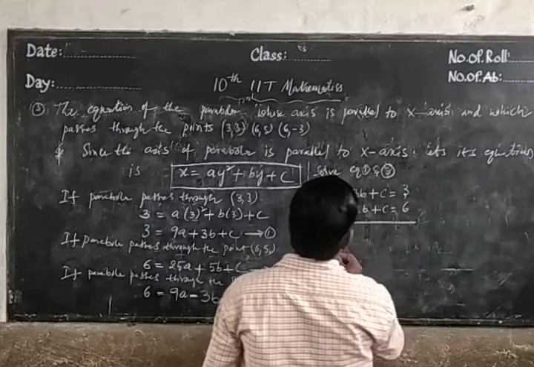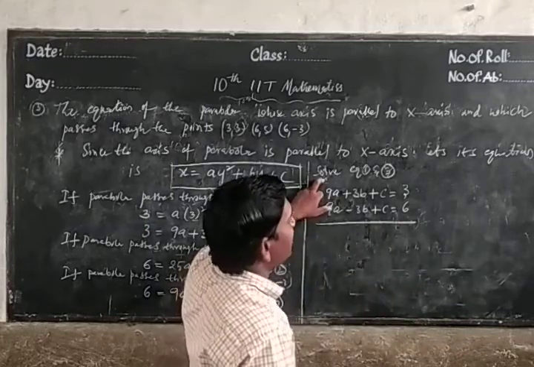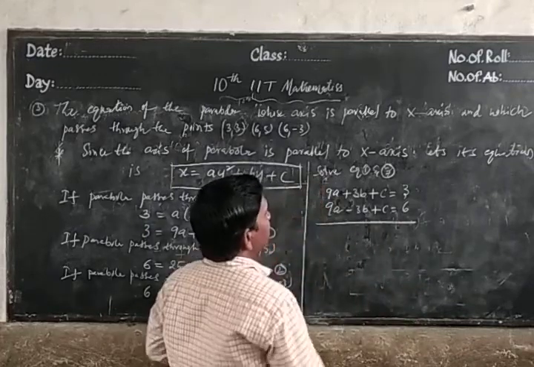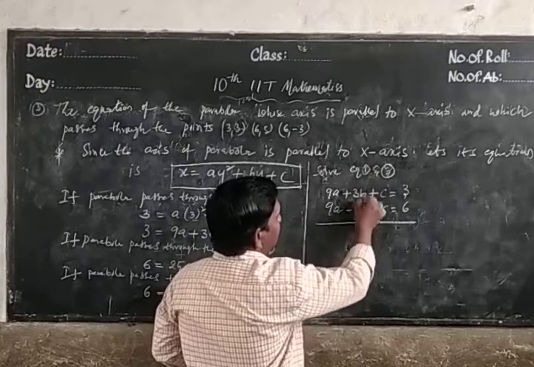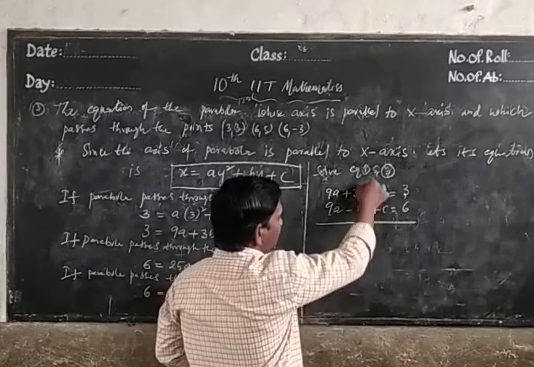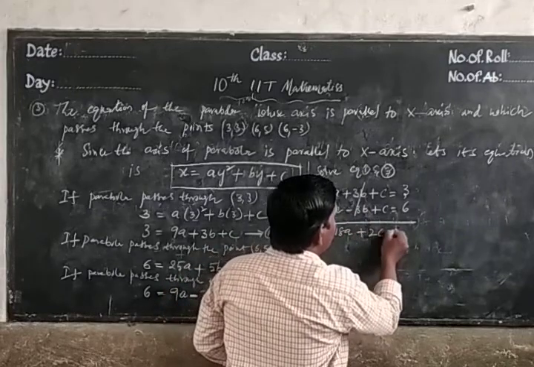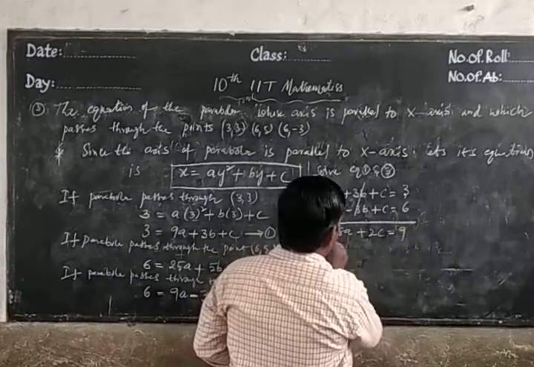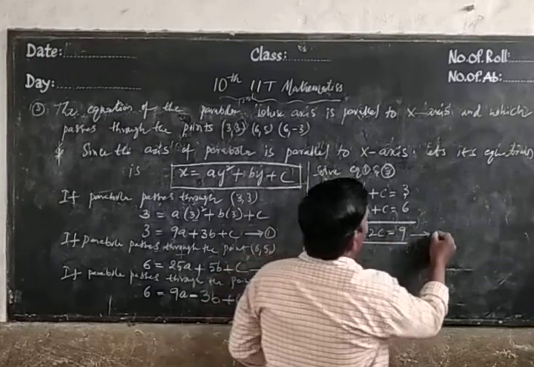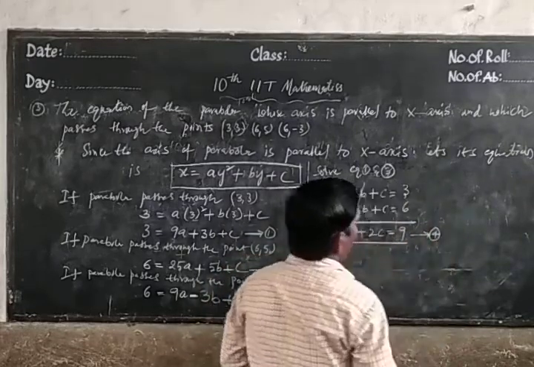Now add 1 and 3 equations. So by adding equations 1 and 3, plus 3b and minus 3b both are cancelled. 18a plus 2c equal to 9. This is equation 4.